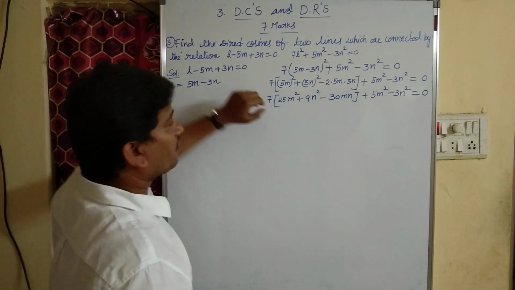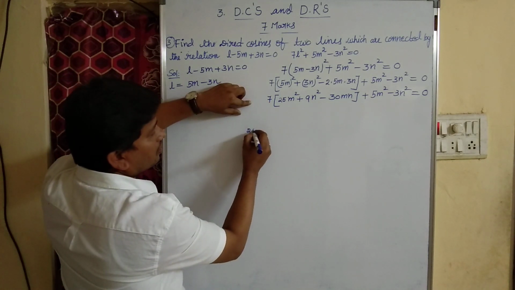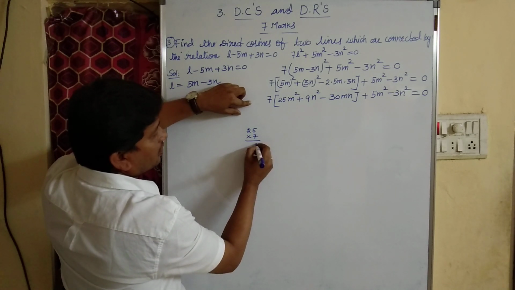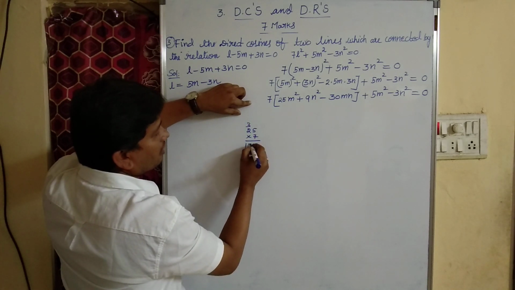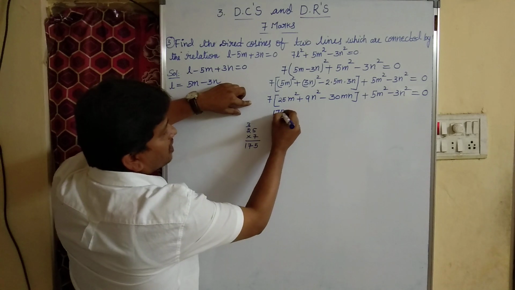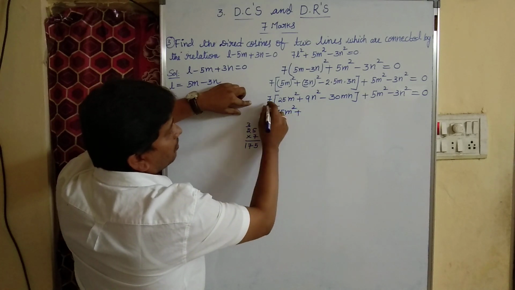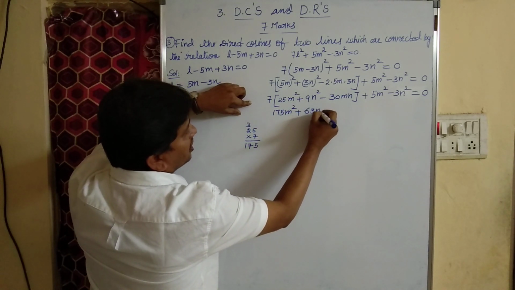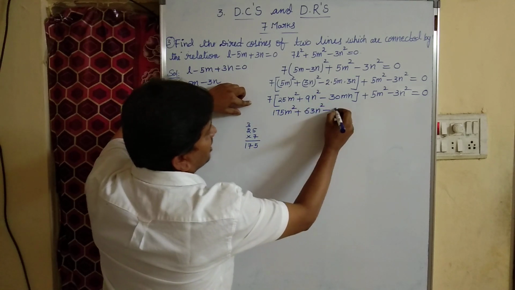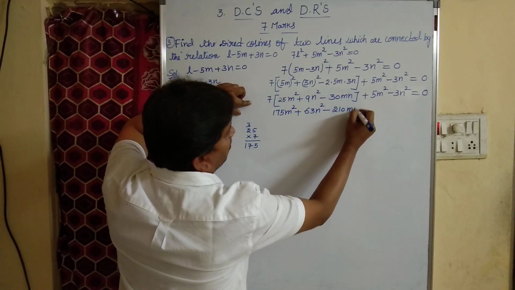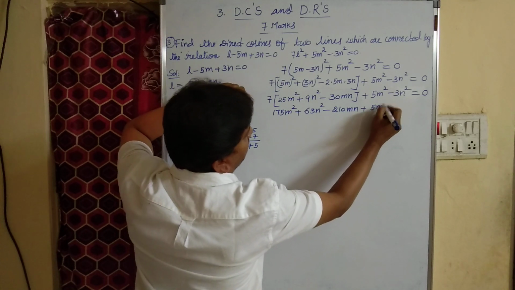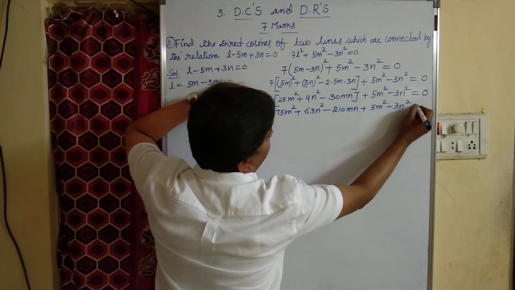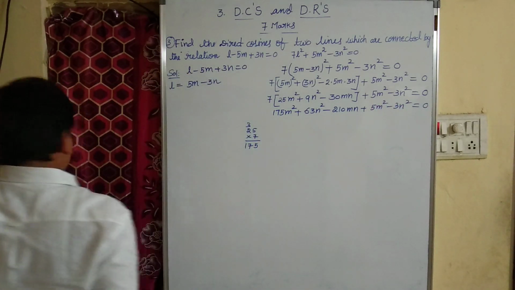So 7 into 25, 7 5s are 35, 7 2s are 14, 14 plus 3 is 17, 175 m square plus 7 9s are 63 n square minus 7 3s are 210 mn plus 5m square minus 3n square, that is equal to 0.